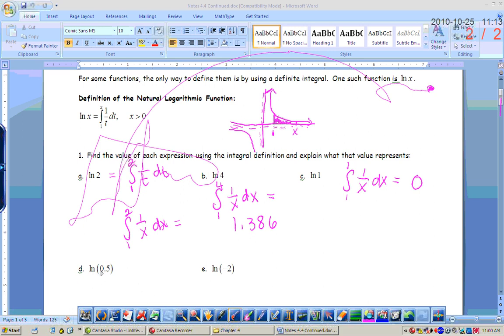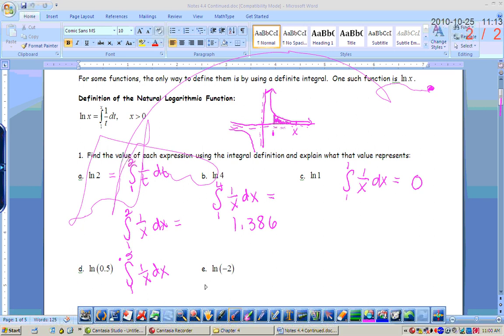All right, D, the natural log of 0.5, would be the integral from what to what? 1 to 0.5 of 1 over x dx. Okay, wouldn't that be a negative number? The answer is yes, because basically you're starting at 1 and moving backwards, or to the left.